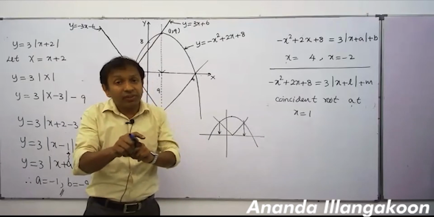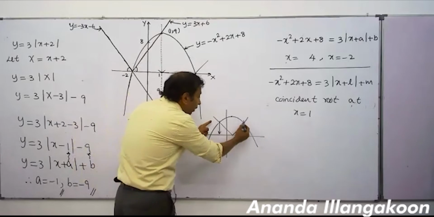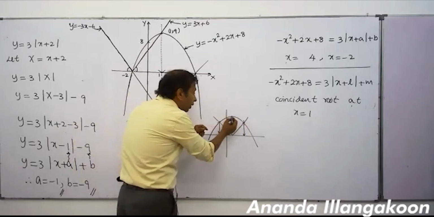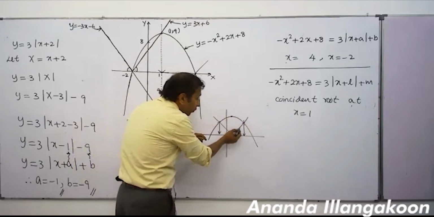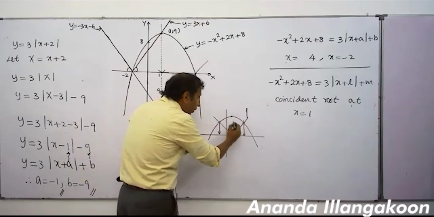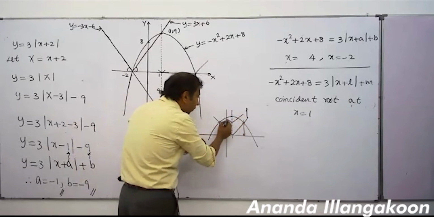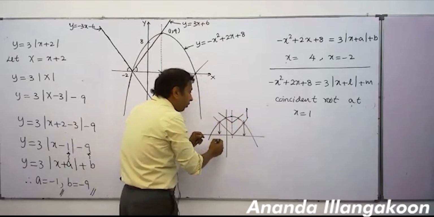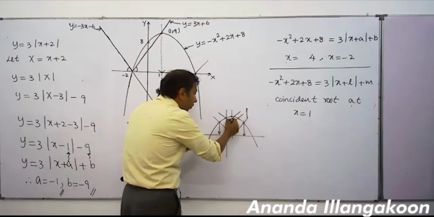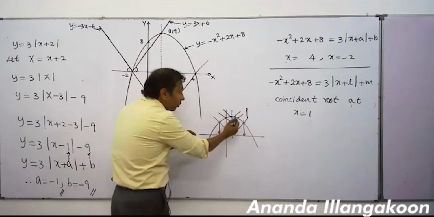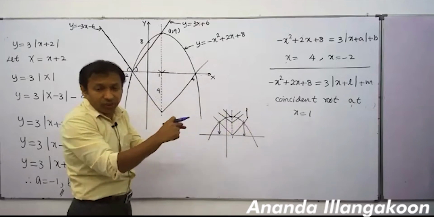Then, people, to bring this point and this point closer and finally into one point, you have to take this graph upwards. See, little by little, when you take this graph upwards along the x equals 1 line, this point and this point are coming closer and closer.